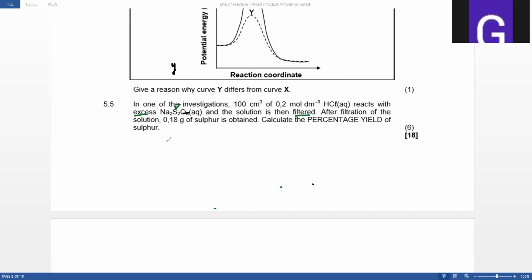After filtration of the solution, only 0.18 grams of sulfur is obtained. So it means this is the actual mass. The actual mass of sulfur is given as 0.18 grams. So the question says, calculate the percentage yield of sulfur. Obviously, when we want to calculate the percentage yield of sulfur, let me just write it here.